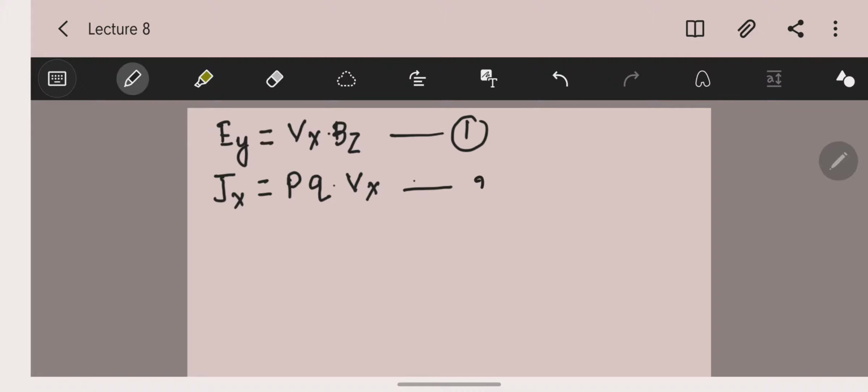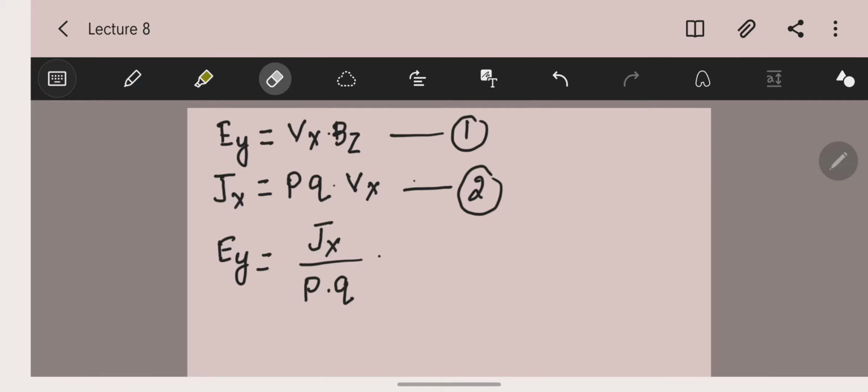I am writing this equation as equation number 2. Now using these two equations I can write the equation for this electric field. Ey will be equal to Jx divided by P into Q, into Bz.